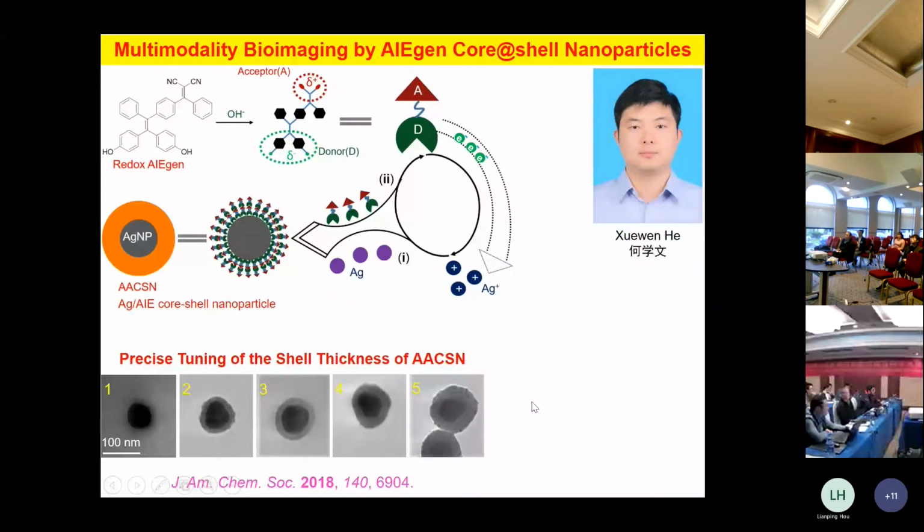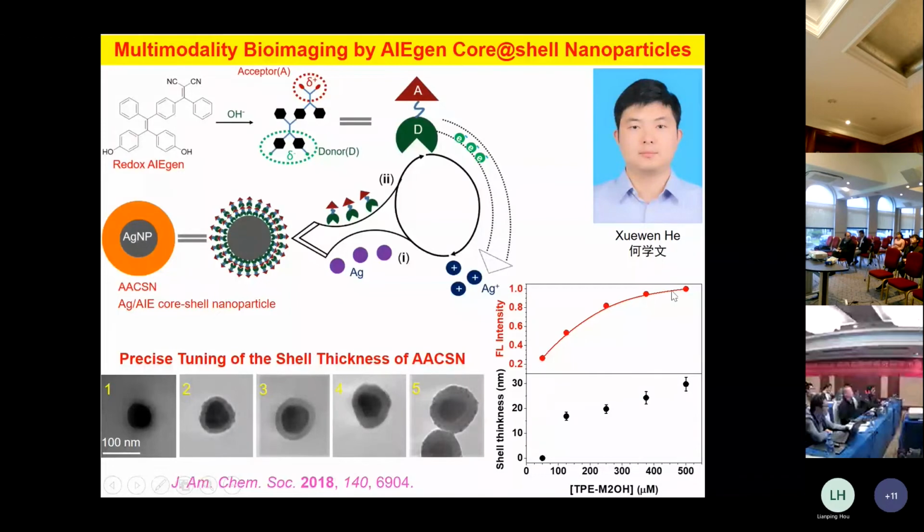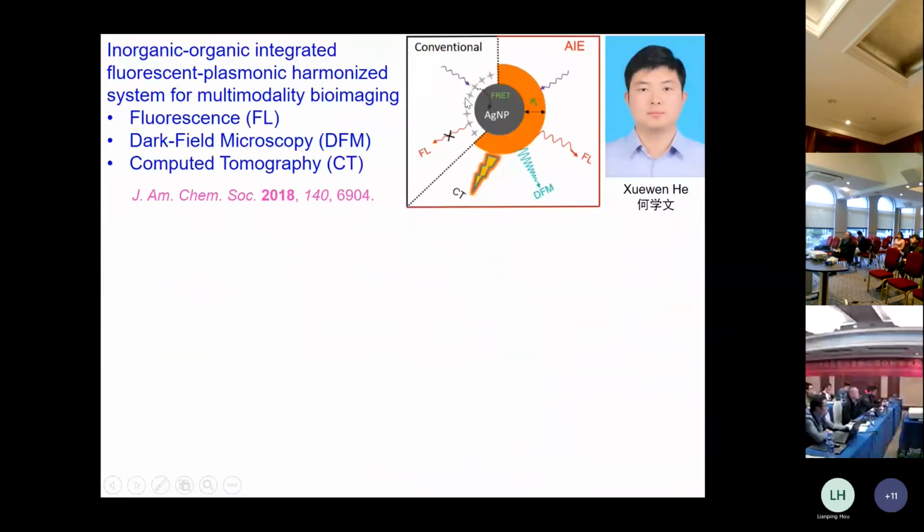And you can see the thicker the shell, the stronger the emission. This is very important. Why is it important? Because if you use a conventional fluorophore, you can't make this kind of organic-inorganic hybrid, because the inorganic core will quench the emission of a conventional fluorophore.